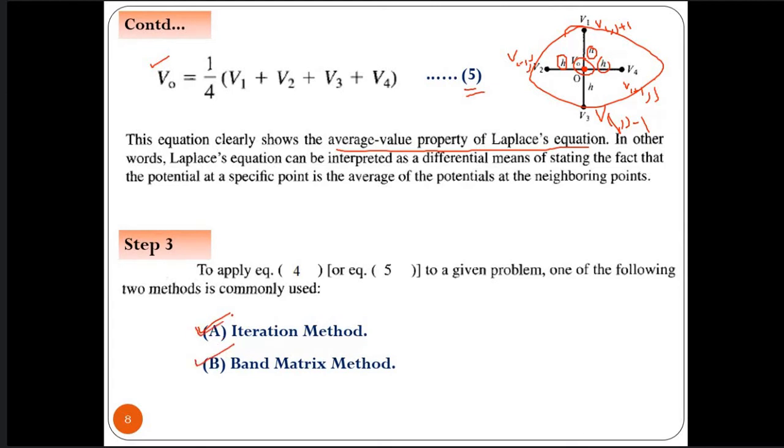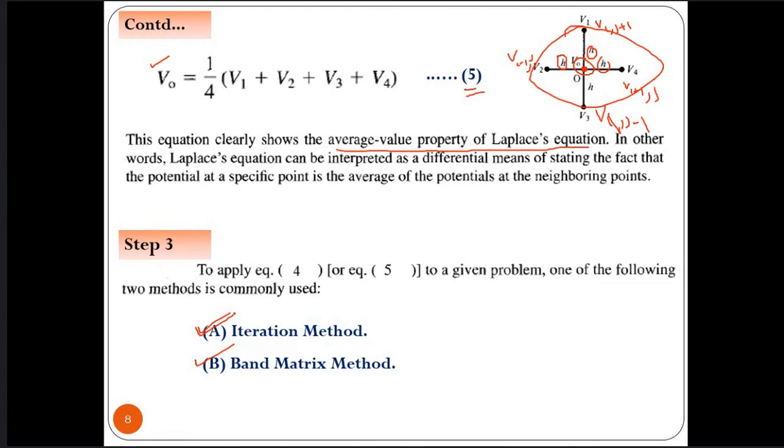Iteration method is basically one kind of approximation method. You have to start with an initial approximation. So for example, for a particular node, you consider that the approximated potential is nearly 0. Then considering this particular approximation, you have to calculate the potential of all other free nodes.